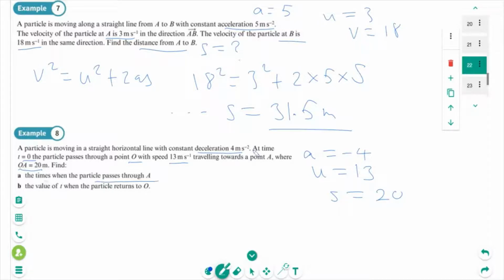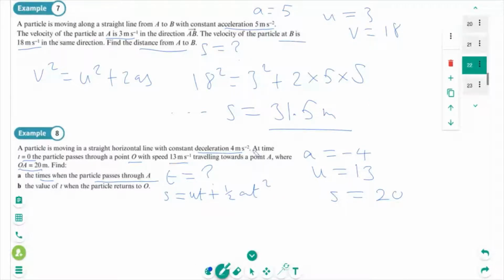So you want to find the times, so you're interested in what t is. You need an equation which involves s, u, a and t. There's only one: s equals ut plus half at squared. That will give you an equation to find t.